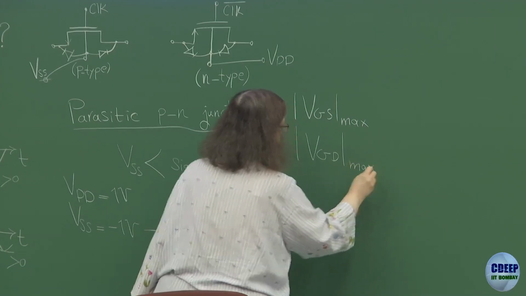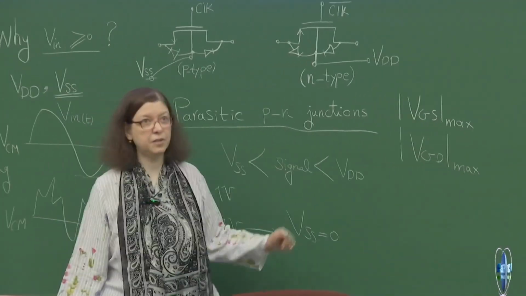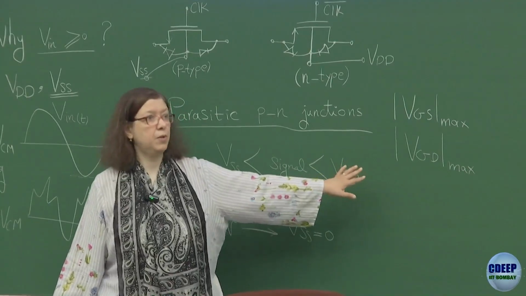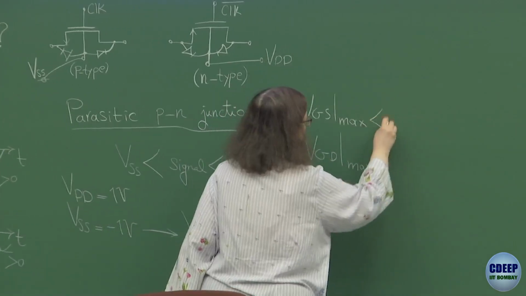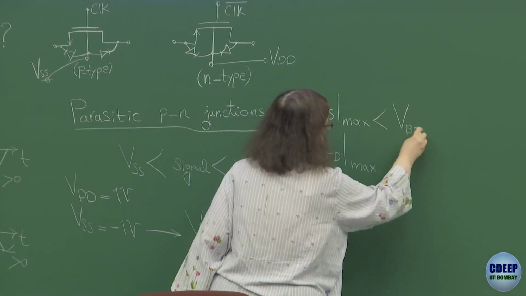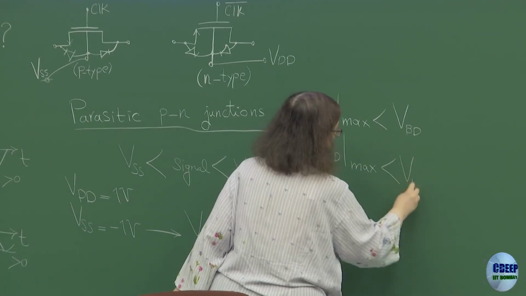And usually these two are the limitation, not even the junction. These are breakdown voltages. So we need to make sure that these values are less than the V breakdown, specifically with respect to the gate breakdown.